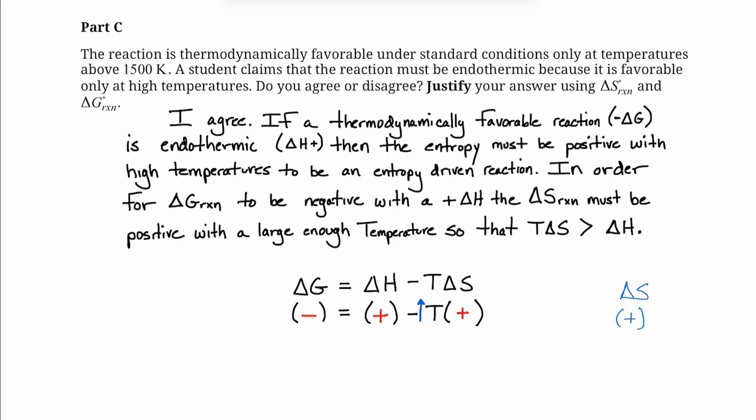So if delta S is increasing, we say the degrees of freedom from reactants to products are increasing, whether we're going from a solid or liquid to a gas, or 3 moles of reactants to, let's say, 5 moles of products. That increase in disorder, randomness, or dispersion of energy, however you want to think about it, is a favorable condition.